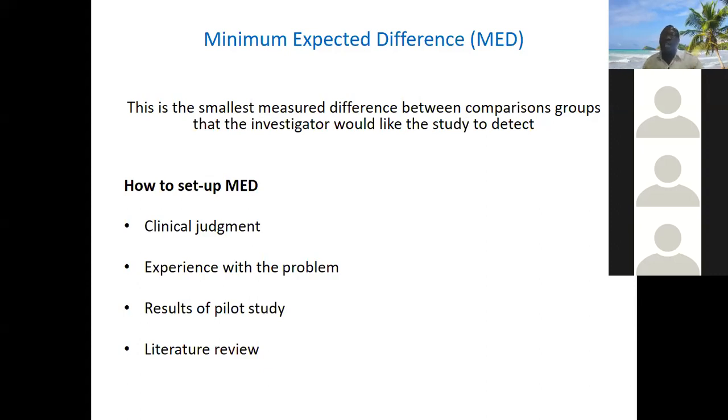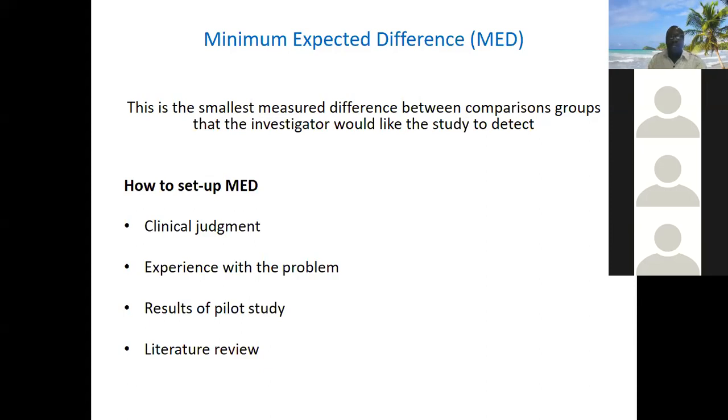If the difference is as small as this, I will not expect that the two groups are different. That's what it means. But once the difference is at least this much, you say, okay, that shows that there is a difference. So the smallest or minimum expected difference.